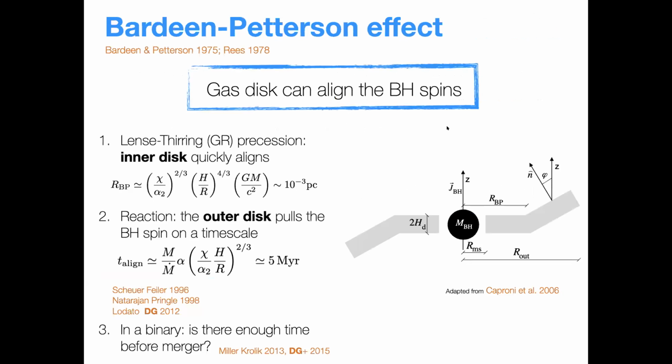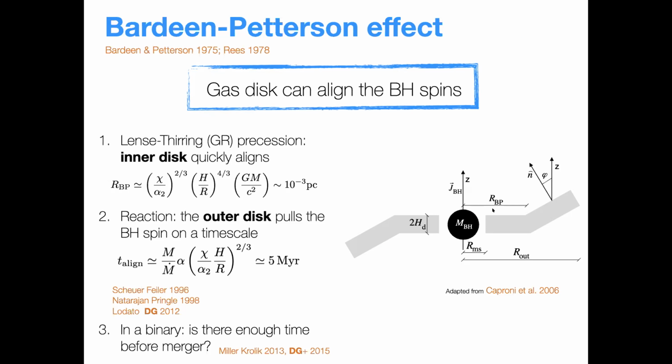The key physical process I'm interested in is the so-called Bardeen-Petterson effect, which sets the alignment between rotating black holes and their accretion disks. If you have a black hole with a spin in a given direction z, and a disk which is misaligned, with angular momentum in a given direction n, forming an angle phi, what happens is that on a very short timescale, the viscous timescale of the disk, Lense-Thirring precession from the black hole quickly aligns the inner disk.